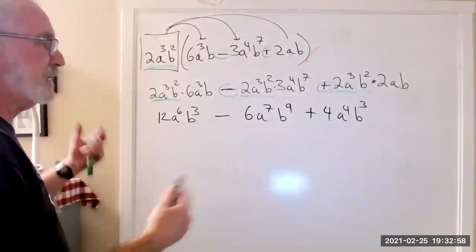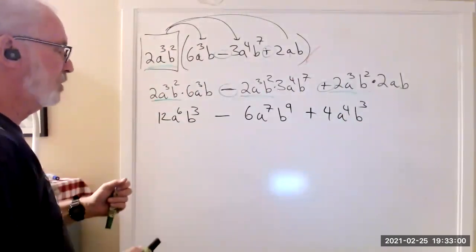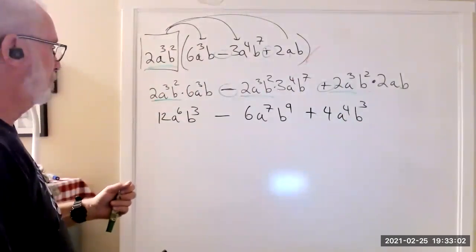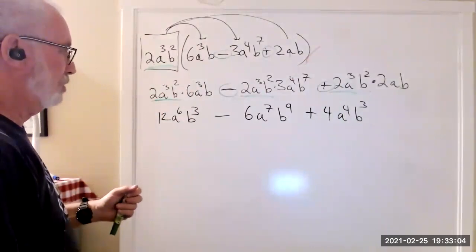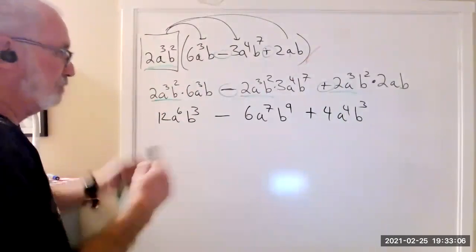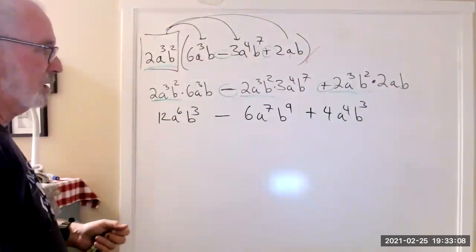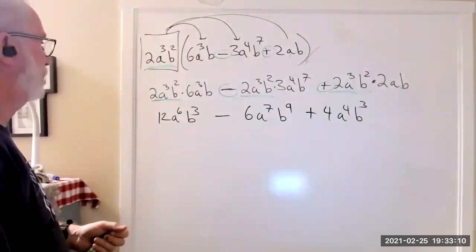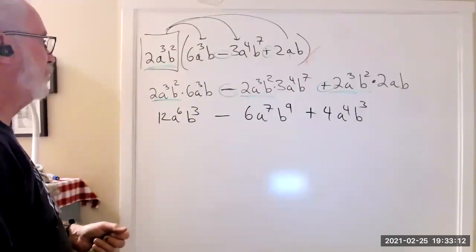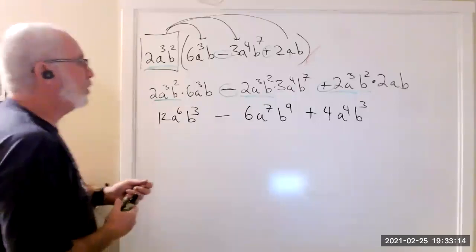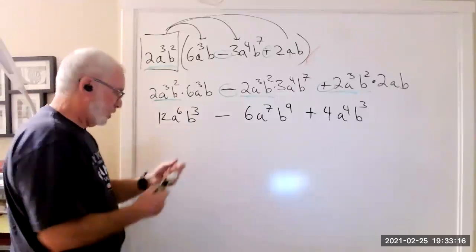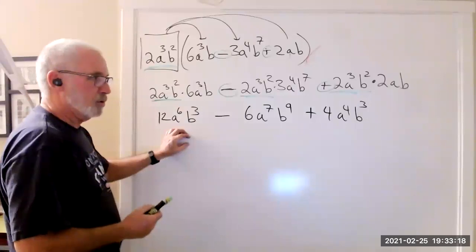Can I add any of these together? Or subtract any of them together? Can I jam them together in any way? Can you add the b cubed? To whom? No, this is all one term.